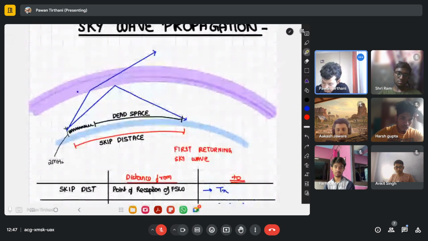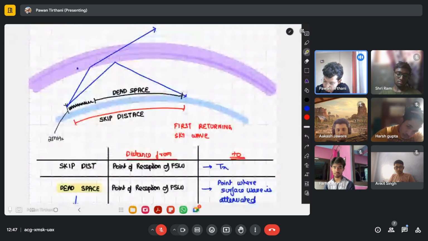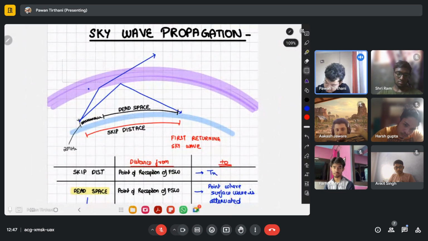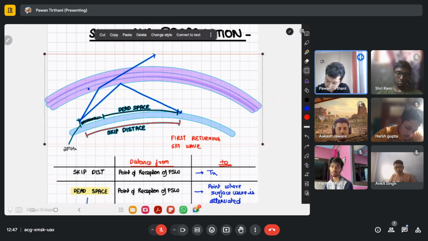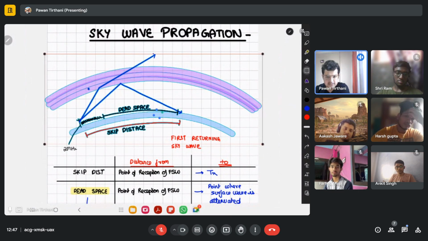Now let us talk about the ionosphere. This ionosphere does not only exist in the form of one single layer, right? It exists as several layers.